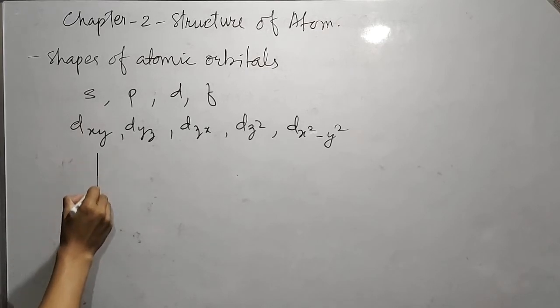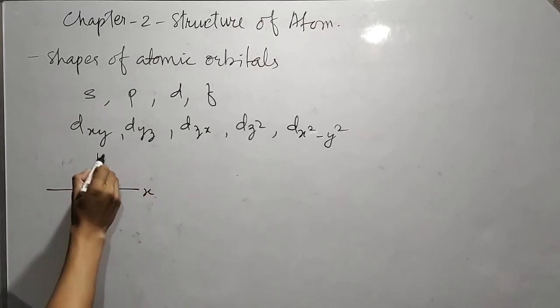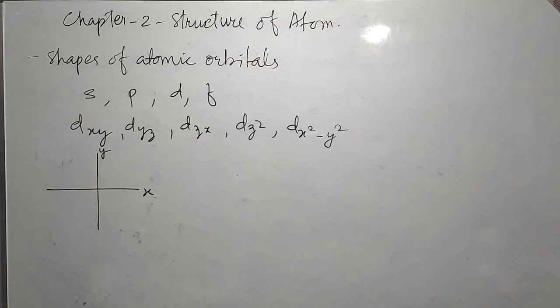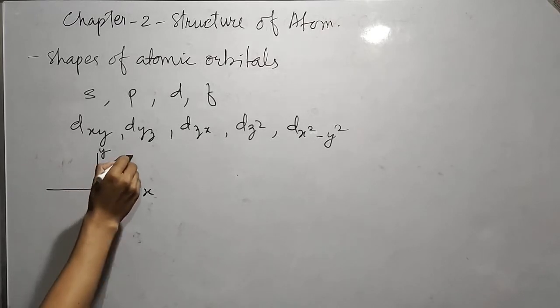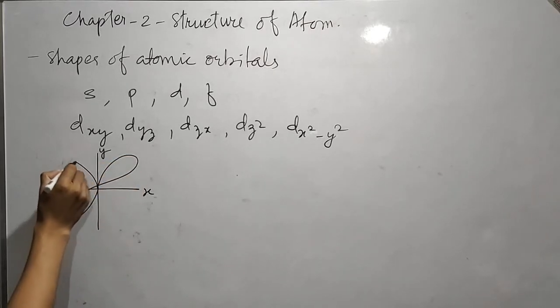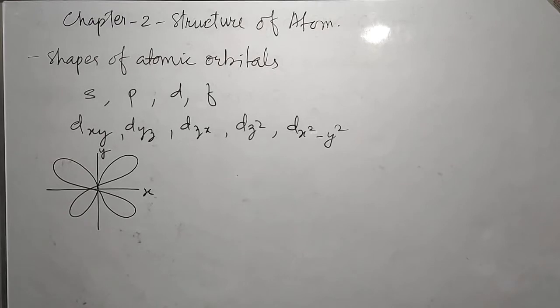Suppose this is the x axis and this is the y axis. Then dxy means this will be the shape of the d orbital for dxy.